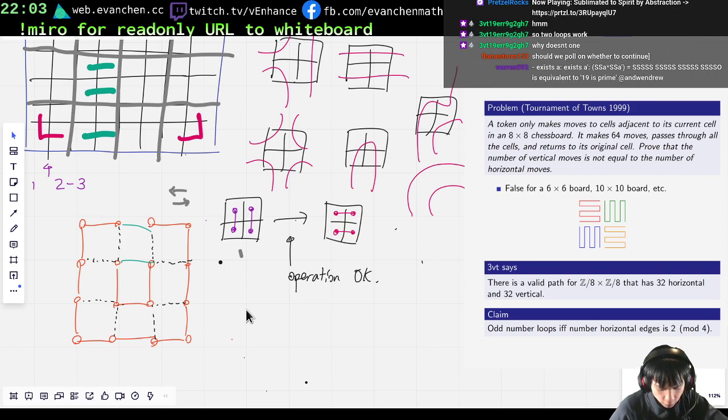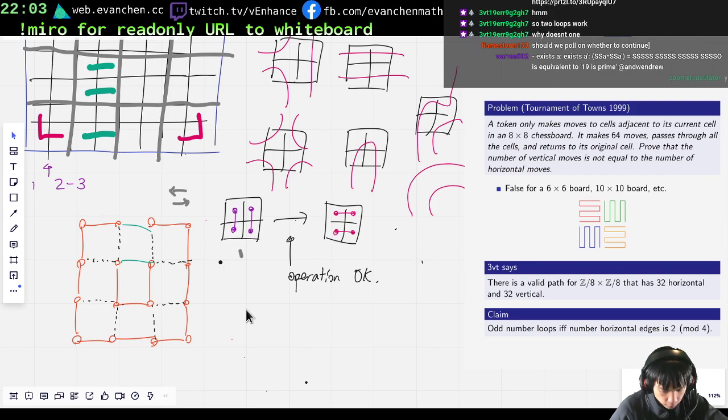Here's a different idea. Are there... No, I need to use all the vertices.